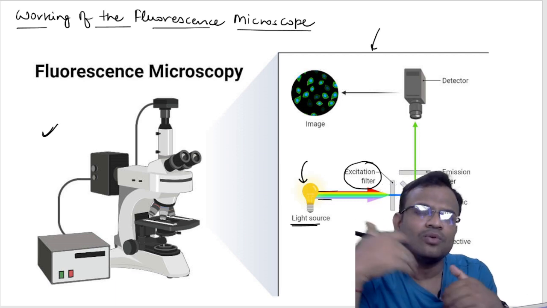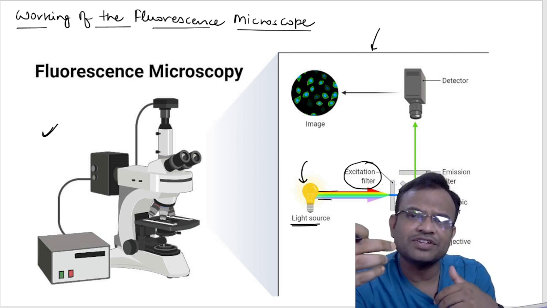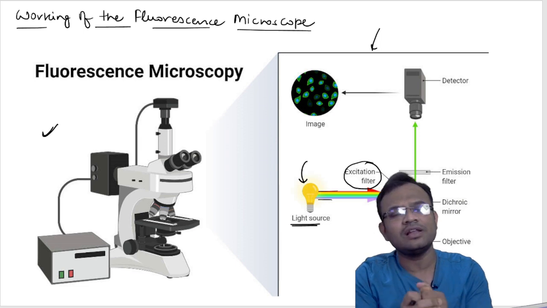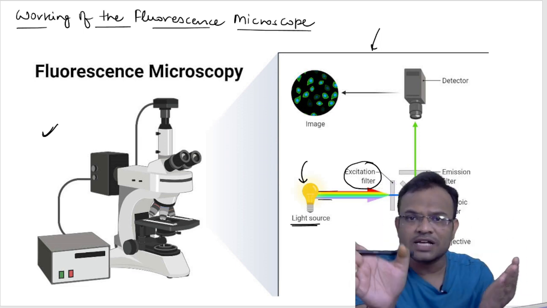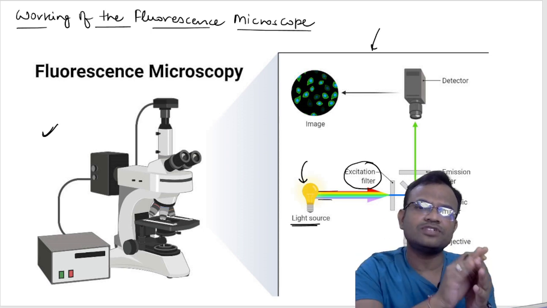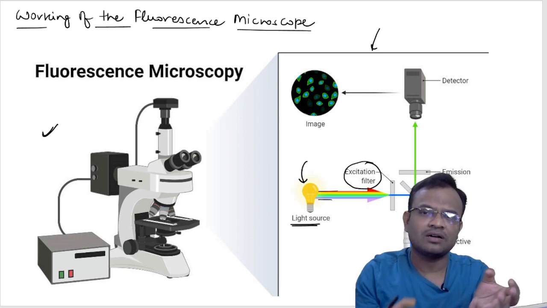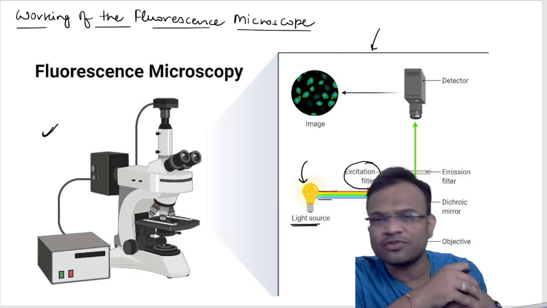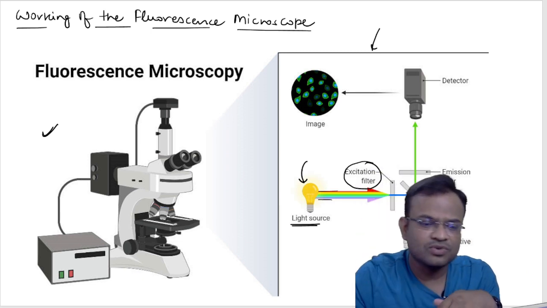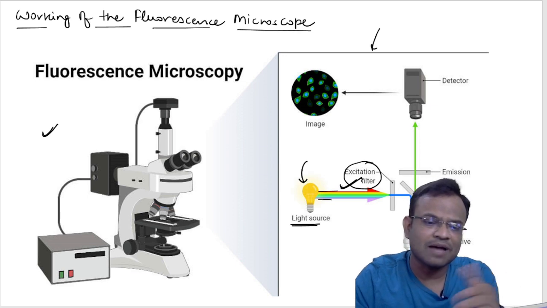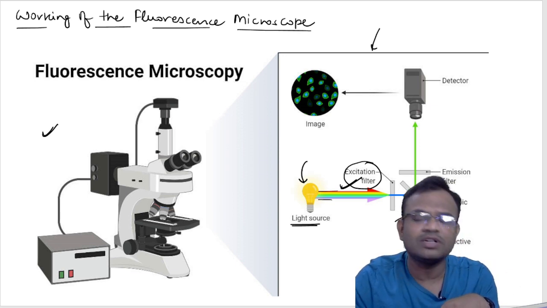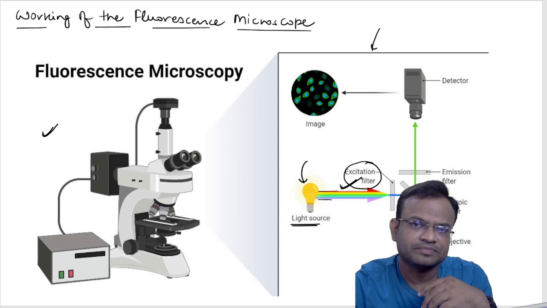Now what you are using over here is the excitation filter. The excitation filter will cut off all the other lights that are not required and only pass that light which is required for exciting that particular fluorophore. You can see that it has cut off all the other lights. For example, we are seeing that it is only allowing a blue colored light over here.